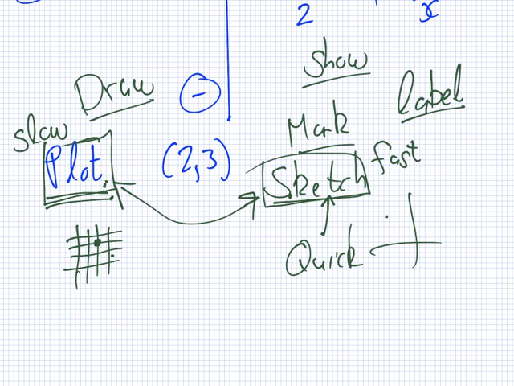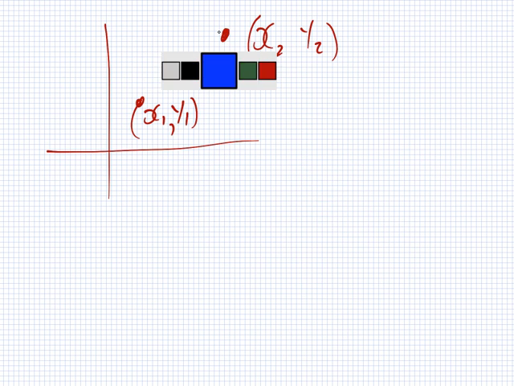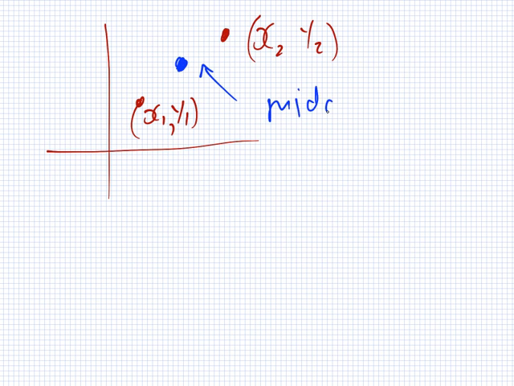So let's have a look at our first formula. For example, we have a point here I call x1, y1, and we have a point here called x2, y2. And what I would like to find is the point which is in the middle. x1 plus x2 over 2.